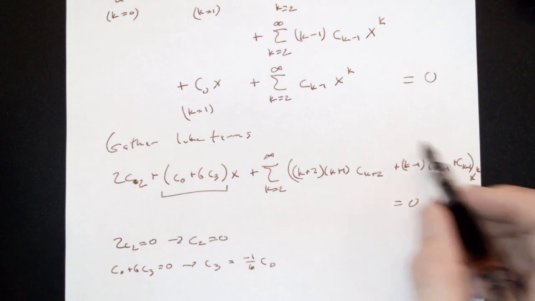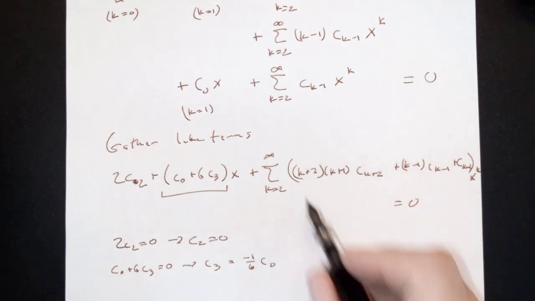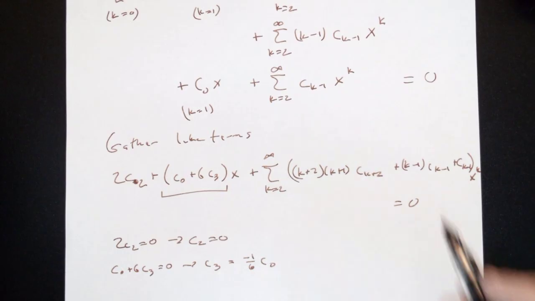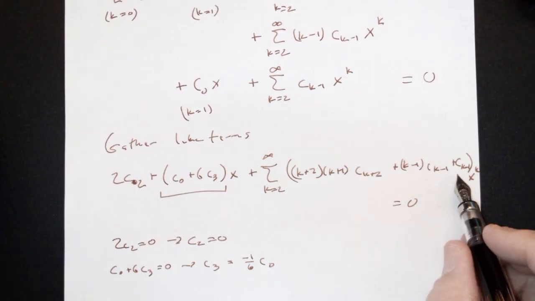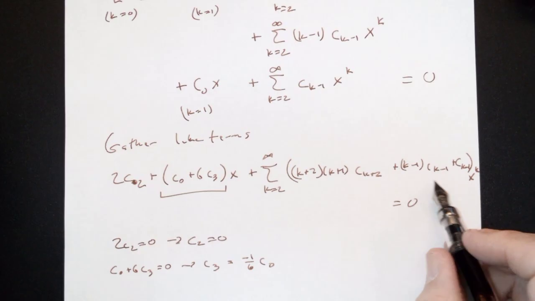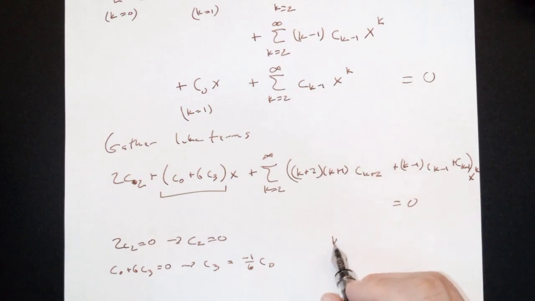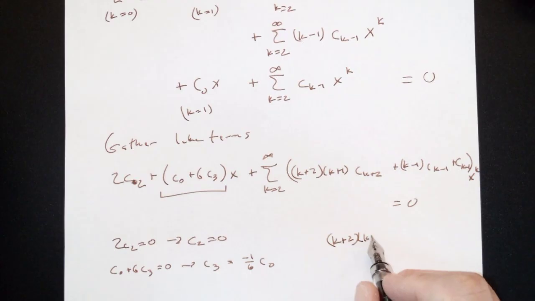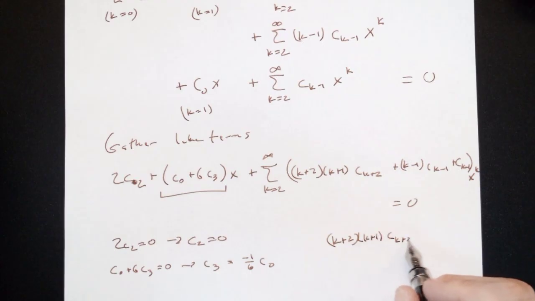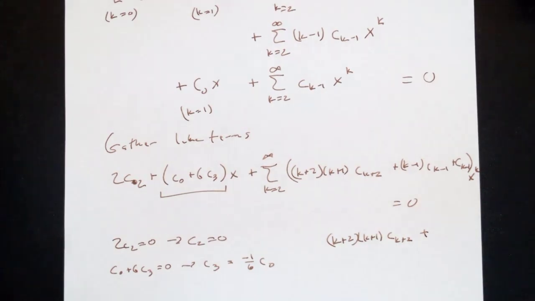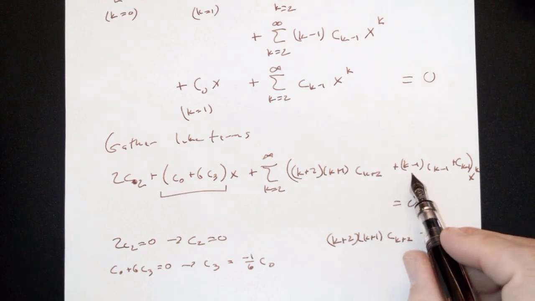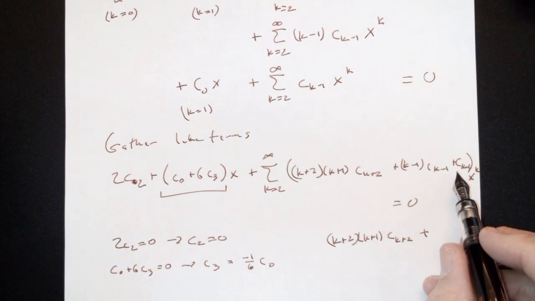And then this thing has to be equal to 0. Wait a minute. These are both c(k-1), aren't they? So really, (k+2)(k+1) c(k+2) plus how many c(k-1)s? There's k minus 1 of them here, and there's one more there.